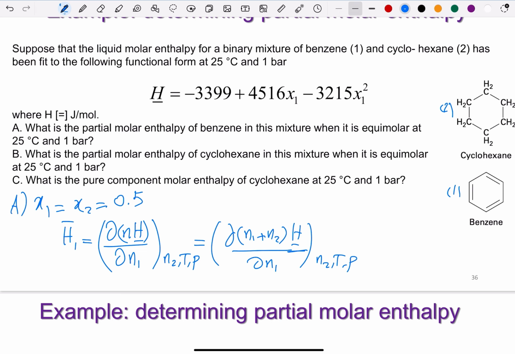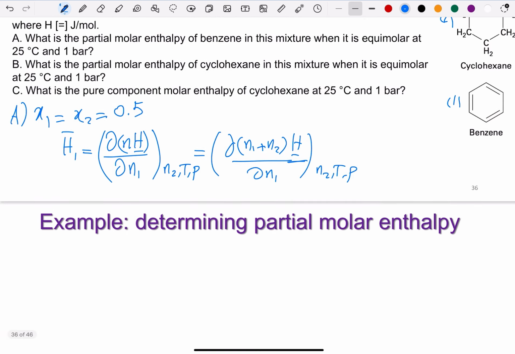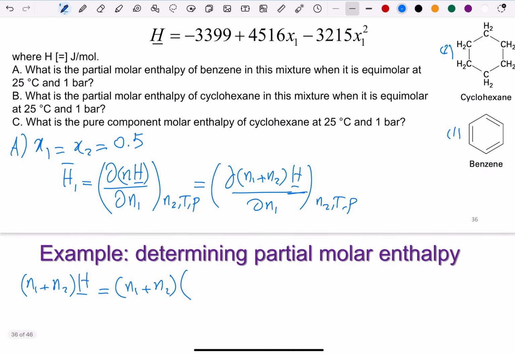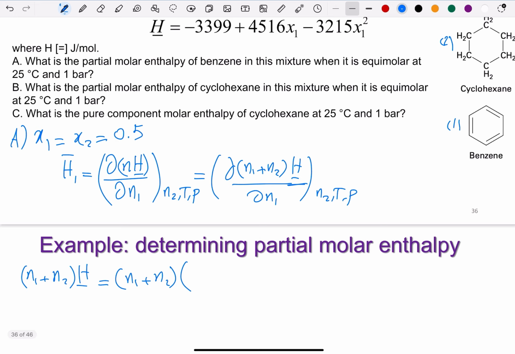So I need to consider that part. So let's see what N1 plus N2 times H is in our mixture, right? So I will have N1 plus N2 times the expression for the H, right? I'm going to just copy it from there.